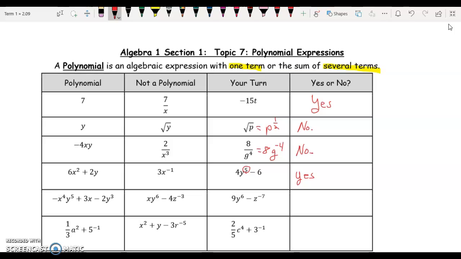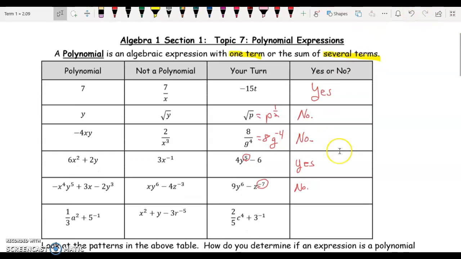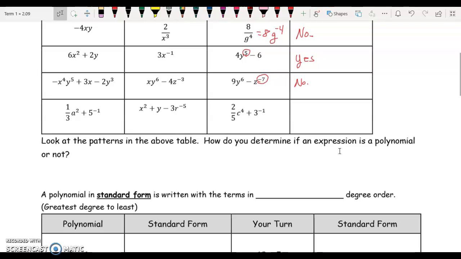Okay, moving on down to the fifth one down. Well, I notice here that I've got a negative exponent on the z variable. So this one's going to have to be a no, because I have a negative exponent on the z variable. All right, how about this next one? See, I've got a negative exponent, but it's not on a variable, it's on a constant. And that's okay.